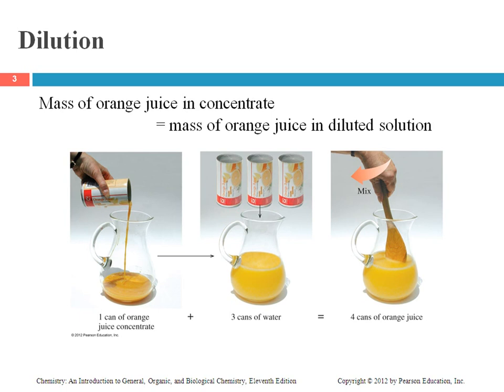So if you were to add a can of orange juice concentrate to a glass pitcher, and then dilute it by adding water, say 3 cans of water, you end up with your 1 can of orange juice diluted to 4 cans.